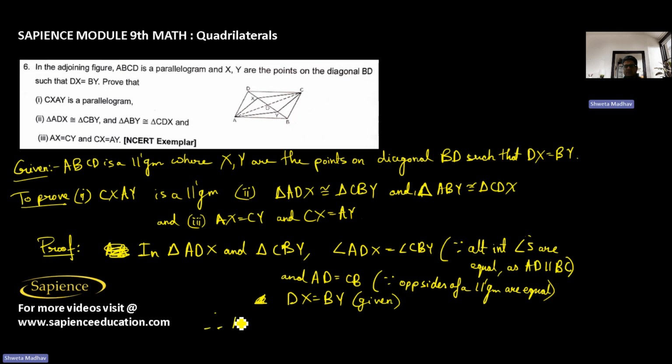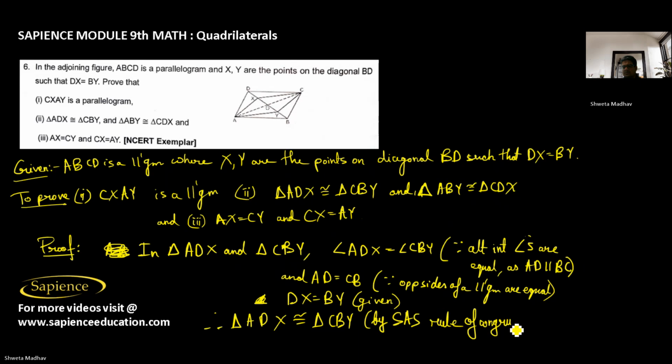So therefore I can say triangle ADX is congruent to triangle CBY by SAS, side angle side. By the SAS rule of congruency.